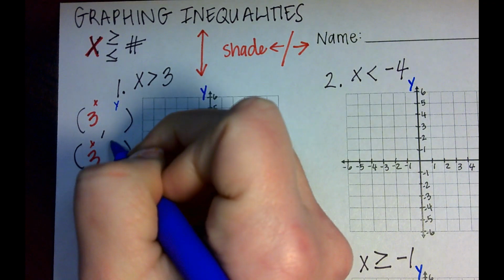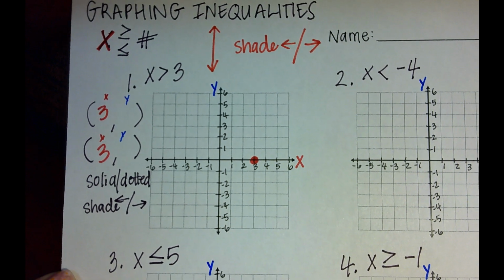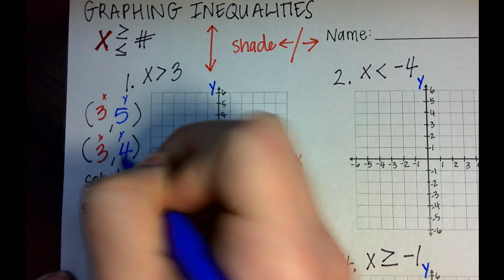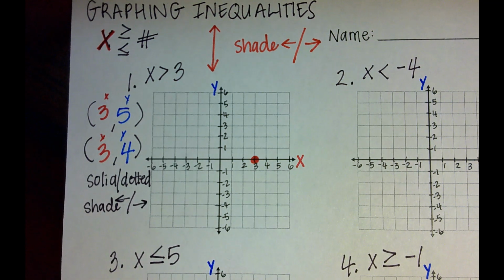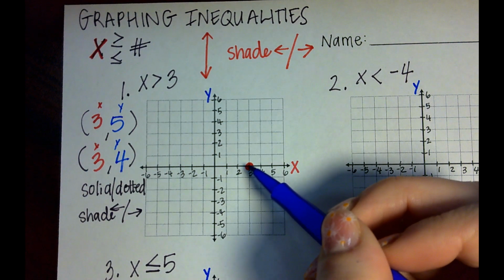And what about my Y value? It can be any number. So give me some numbers. 5 and 4. Perfect.